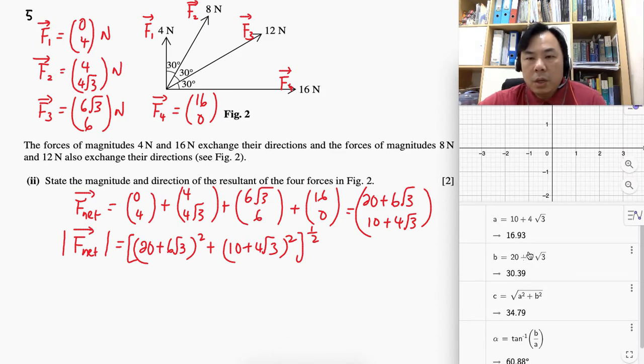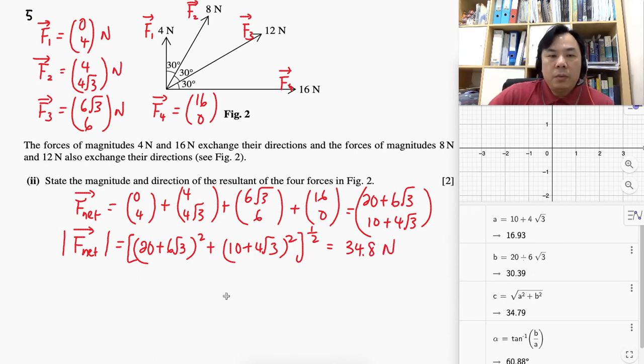So we can check here. The values are exactly the same. The only difference is the x and y have been interchanged. So if we take the square of this, add it to the square of this, we still obtain the same magnitude, which is 34.8 Newton.